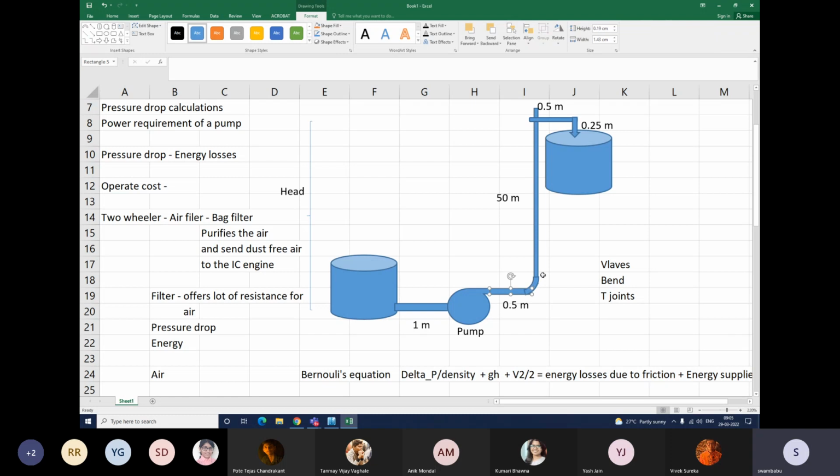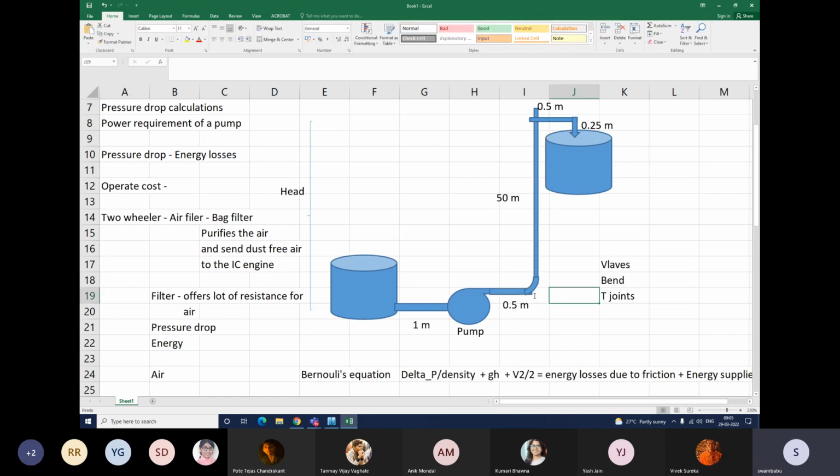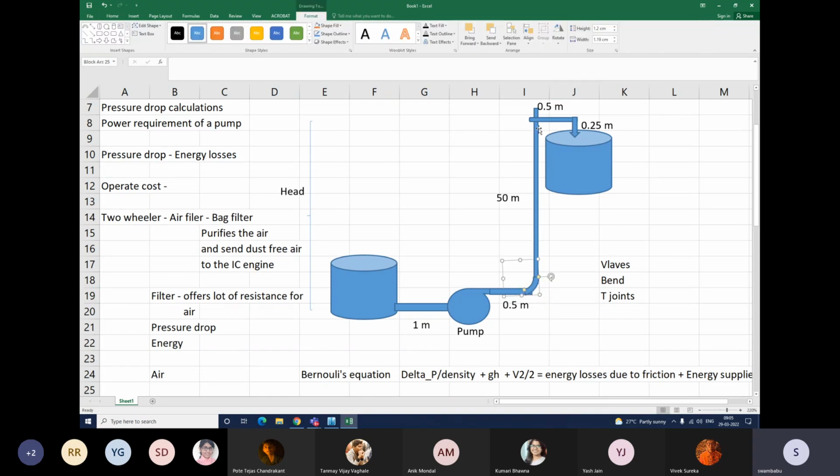Depending on the angle, the bend varies: 45 degrees, 90 degrees, and sometimes we also use elbows. Here one bend, here another bend. Bends will offer more resistance and more energy losses than straight pipes.